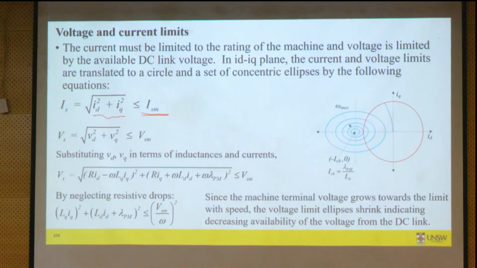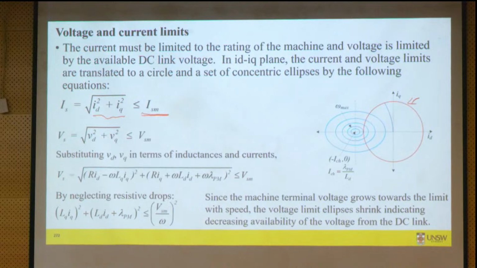If we look at this as an equation, it's actually the equation of a circle in the DQ plane, and this circle is called the current limit circle.